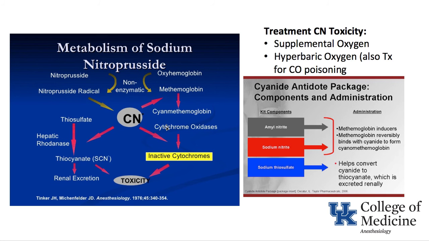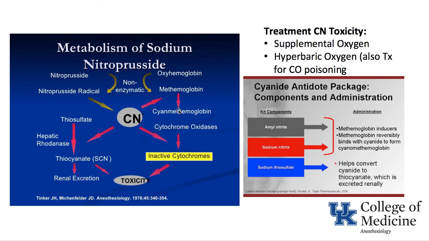But there are some drugs that we can give also. A cyanide antidote package includes these components. Amyl nitrite and sodium nitrite can be given to oxidize oxyhemoglobin to methemoglobin. And remember, methemoglobin then can bind with cyanide to form cyanomethemoglobin, which isn't a real problem.